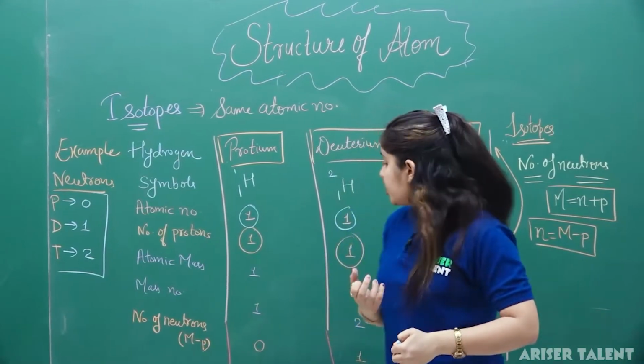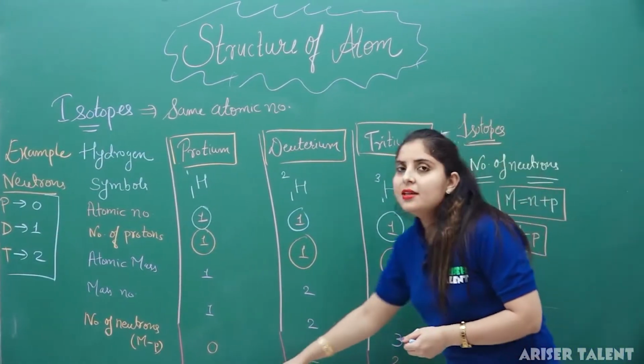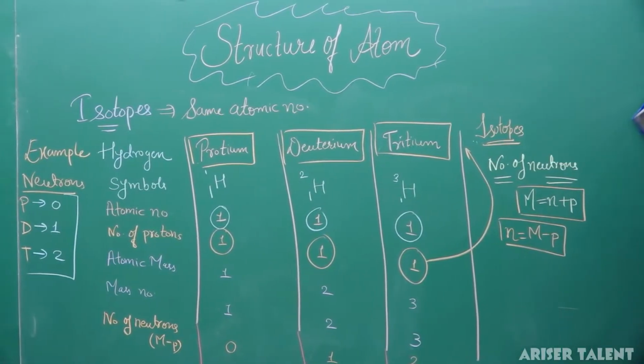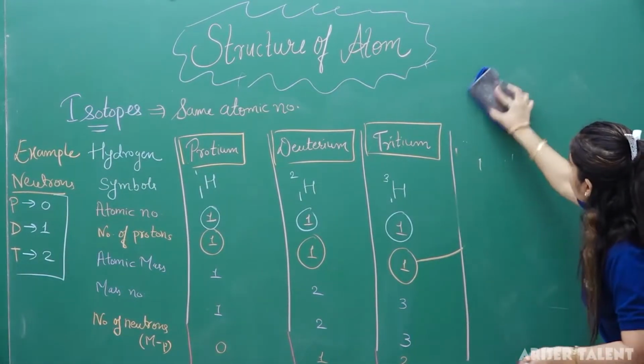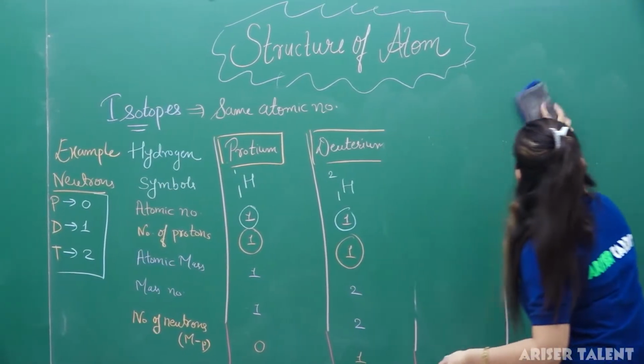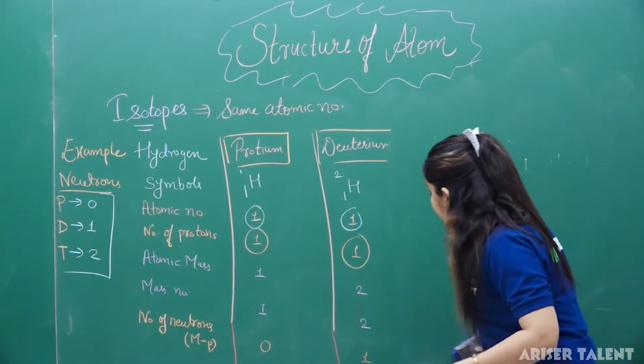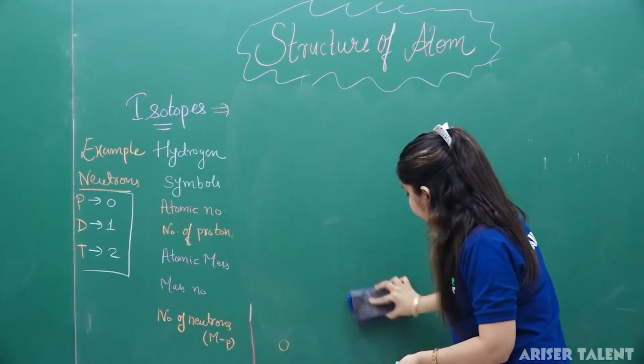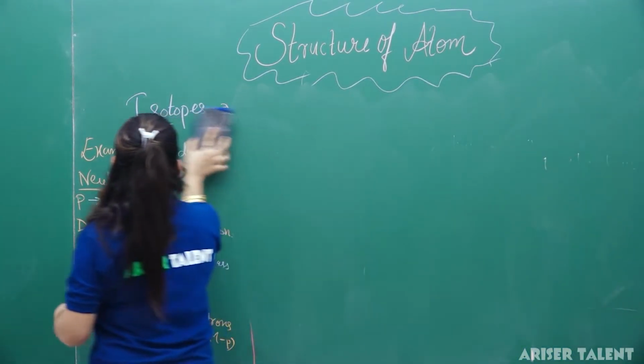Now we are proceeding to our next term, that is isobar. So what are isobars? Iso means same and bar means mass. So the elements having the same mass are considered in the category of isobars.